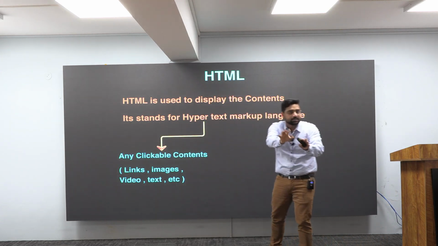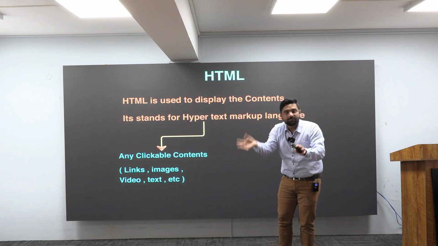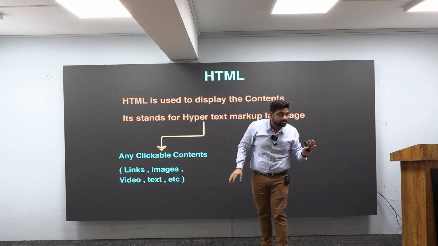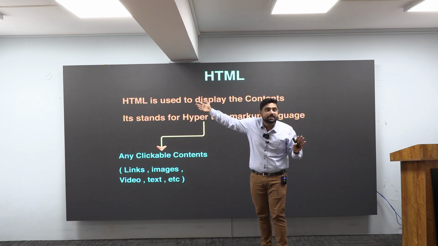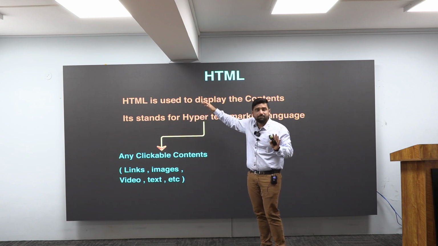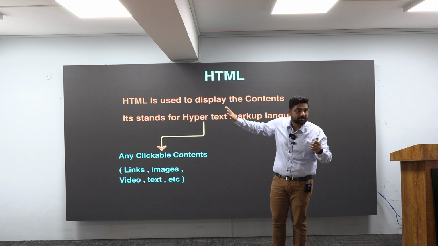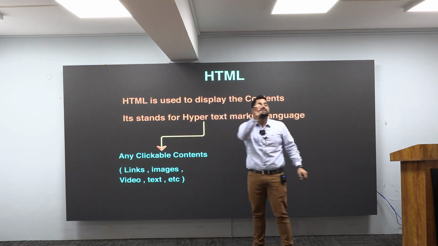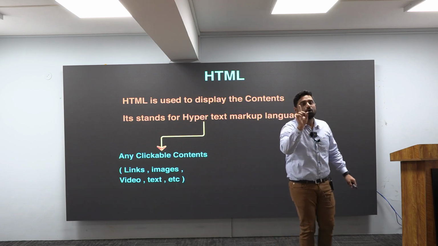Whatever you type, class, name, public static void main, the same thing will be displayed in your browser as it is. It will not perform any computation. 30 plus 40, it will not perform. Understand? It will not help you find the second largest element in an array, nothing. Whatever you put, the same as it is will display in your browser as output.